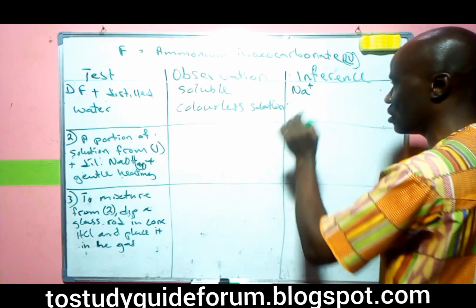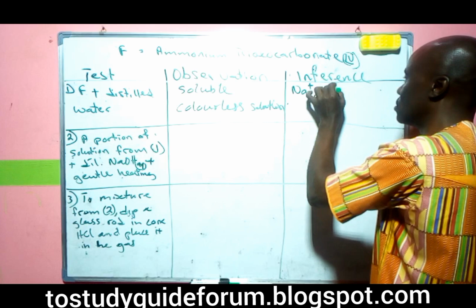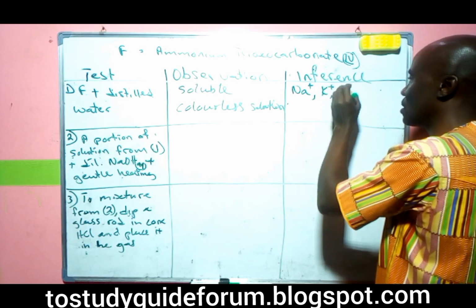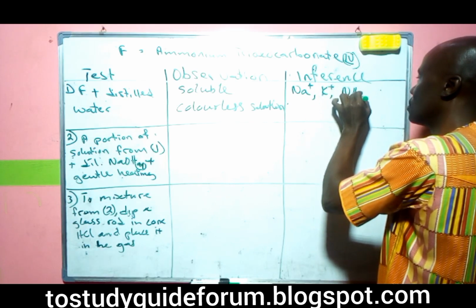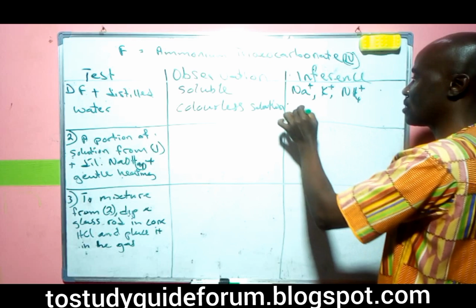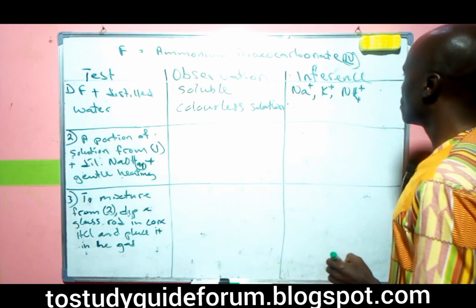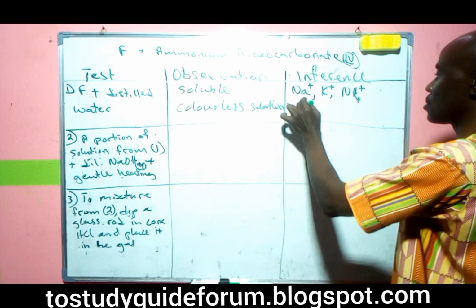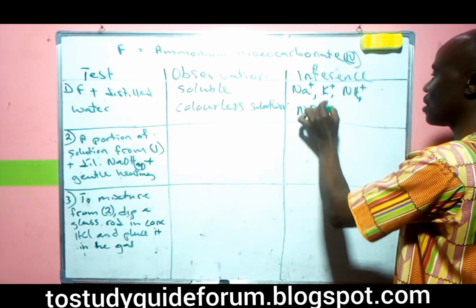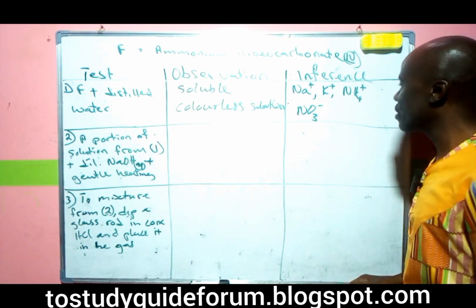Sodium ion can do this. Potassium ion also can do something like that. Ammonium ion can do that. And some other ions that you can also expect is something like the trioxonitrate 5 ion, which is soluble in every case.